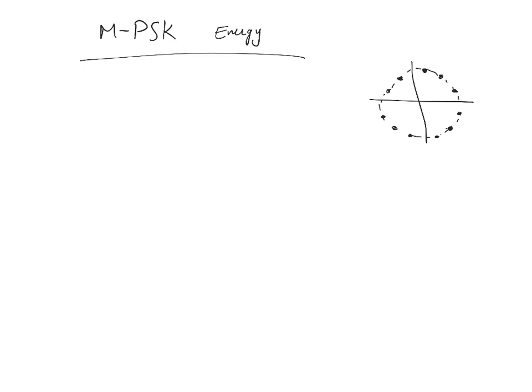Each symbol will have exactly the same energy. So if we call that root Eg, then E average per symbol is simply that Eg, the square of the radius of the circle, right?